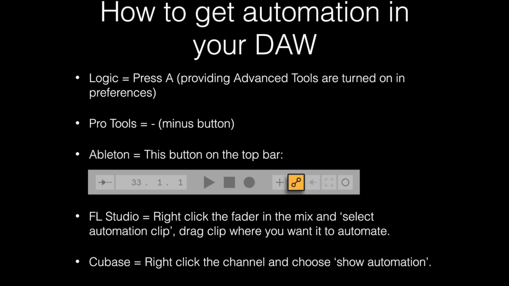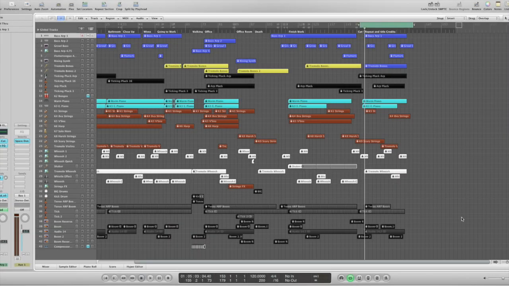Here is an example of automation in action. I'm just going to open up a recent project I did for a short film. So the main automation I used here was predominantly volume and high cut.